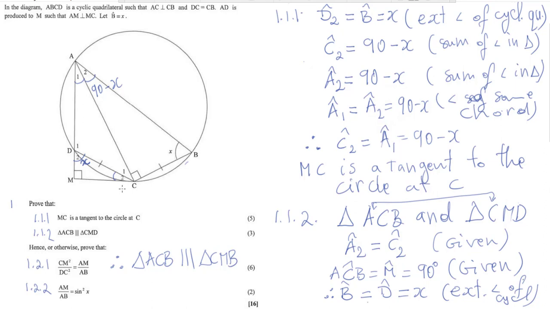So once you prove it, it's done. Now here we have 90 minus x, okay? This is also 90 minus x. This is also 90 minus x. So once you have all these angles, 90 minus x, 90 minus x, you are covered, okay? All right. There we go.